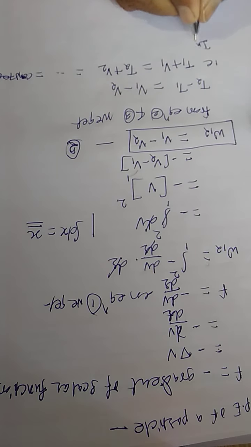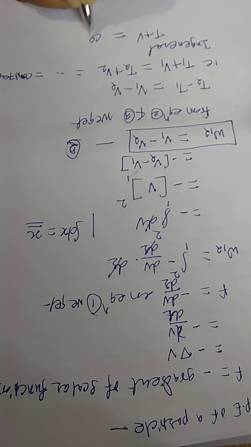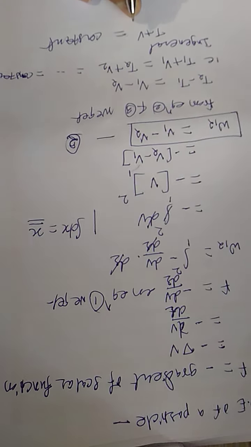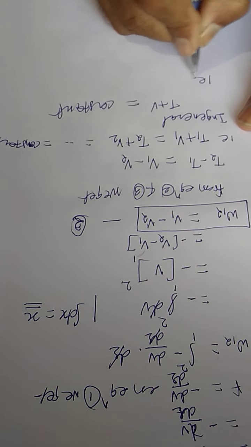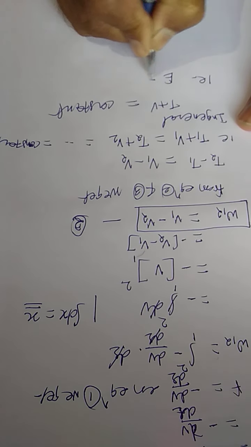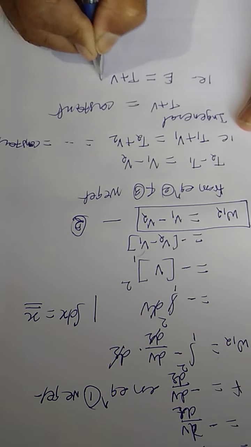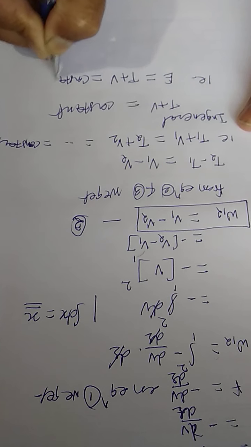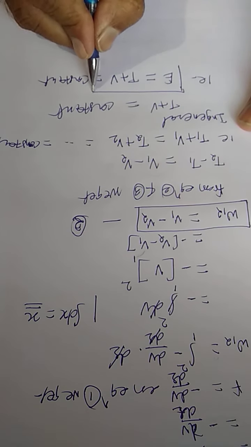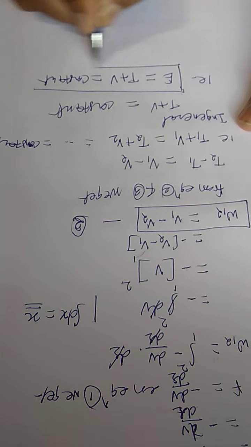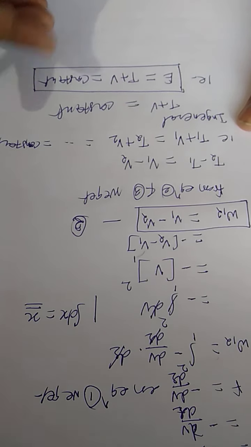In general, T plus V equals constant. That is, T plus V, which is the total energy E, equals constant. That is, the total energy of a particle remains constant.